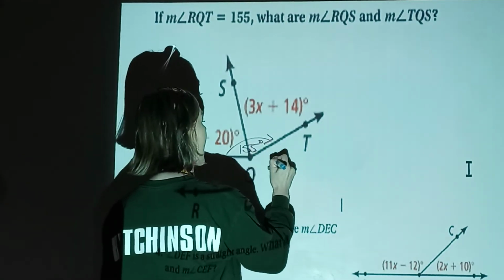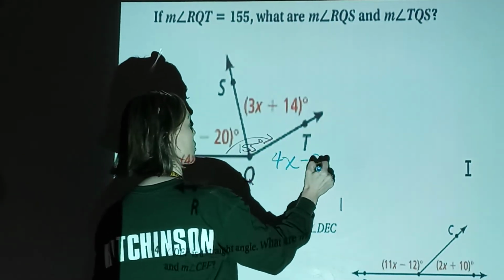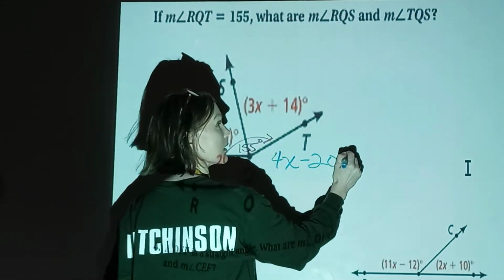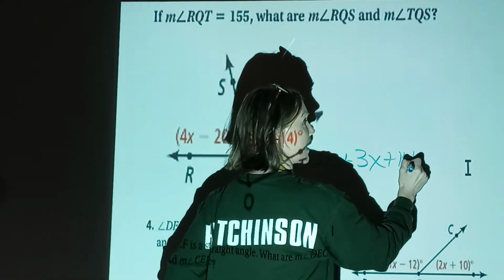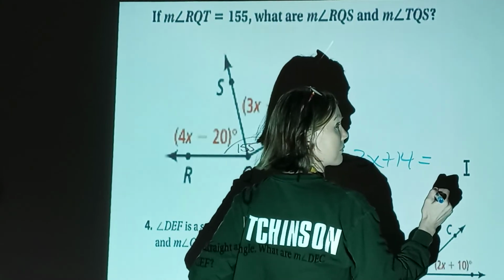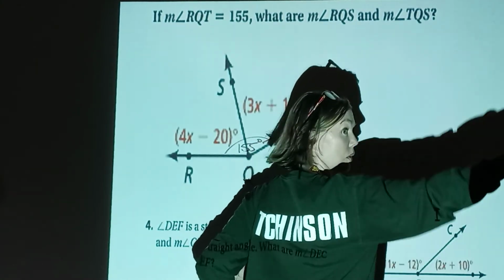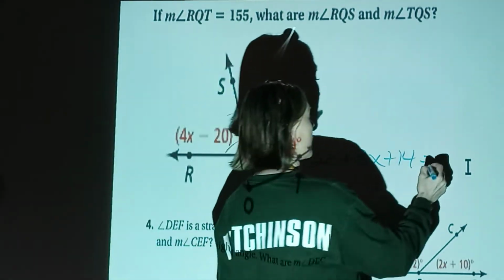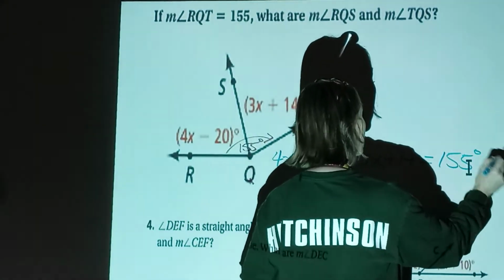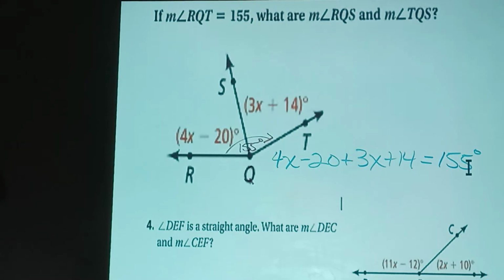So we have 4x minus 20 plus 3x plus 14 equals 155. So we just add them together, just like segment addition. This is angle addition.